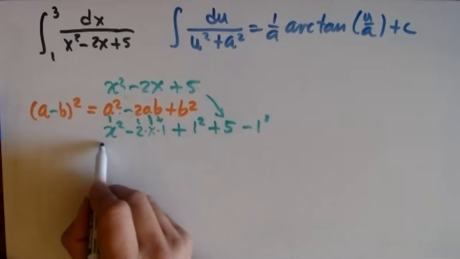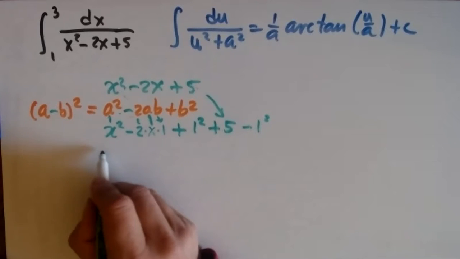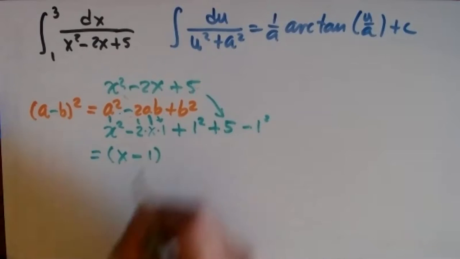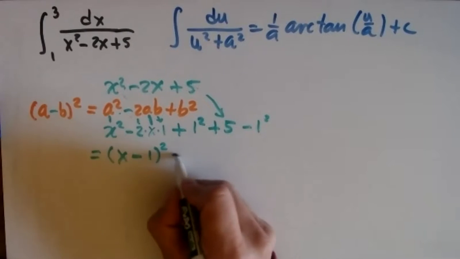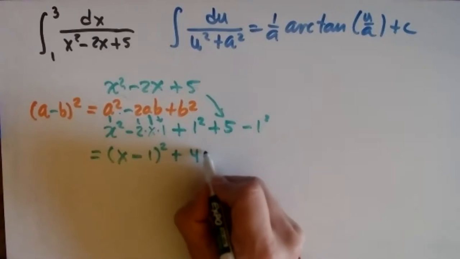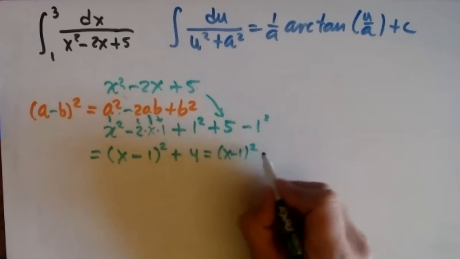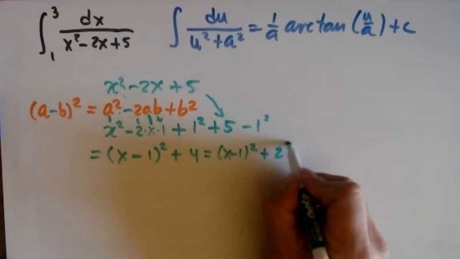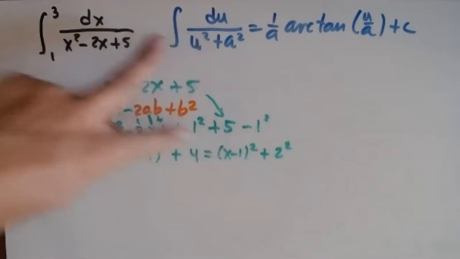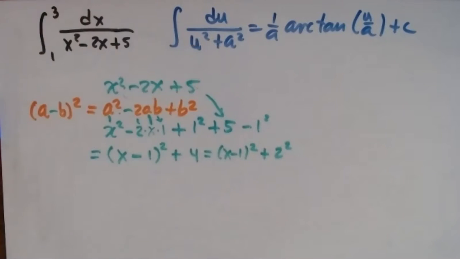So this is going to be written like this: x minus 1 squared plus 5 minus 1, 4. And obviously, this is x minus 1 squared plus 2 squared. So you see, now this is the addition of two squares as my formula requires.